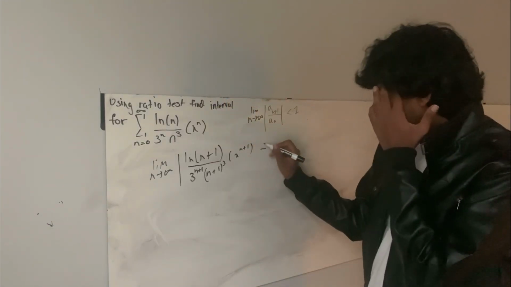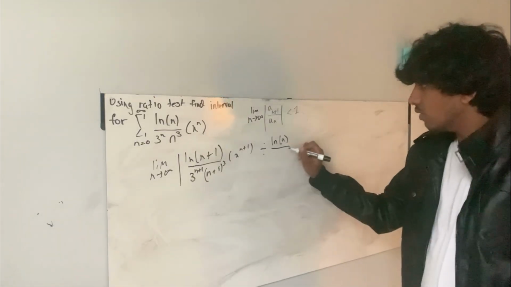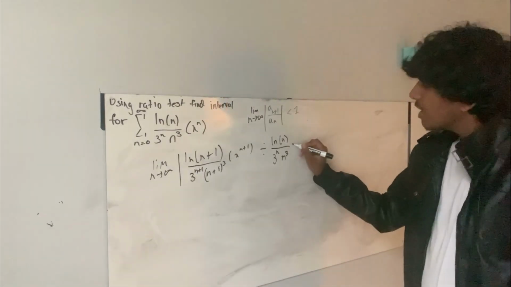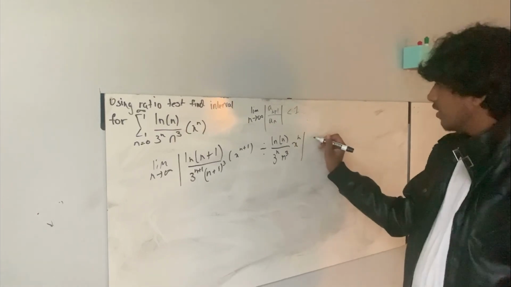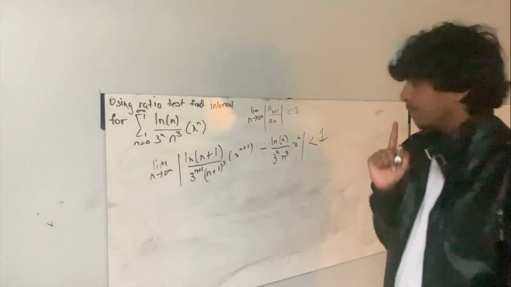We're going to divide that by natural log of n over 3 to the n times n cubed times x to the n. Okay, and we're going to have to compare that and see for which x it is smaller than 1.